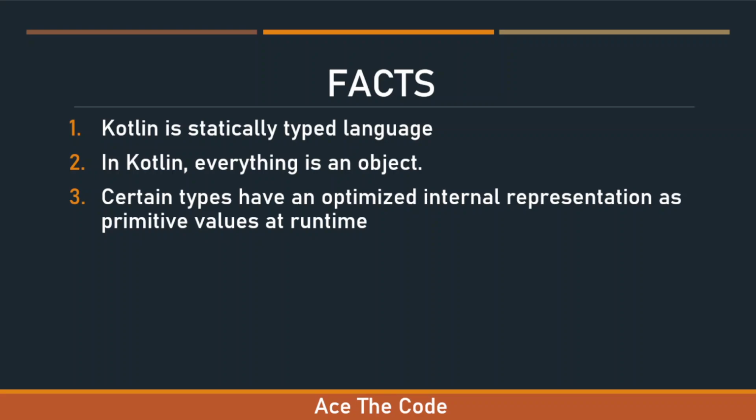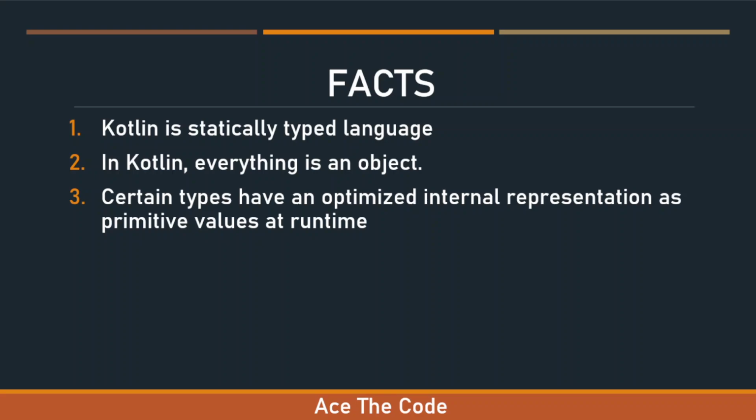The second important point is that in Kotlin, everything is an object. Even if some primitive data types seem the same as primitive data types in Java, these data types are considered as classes and objects.